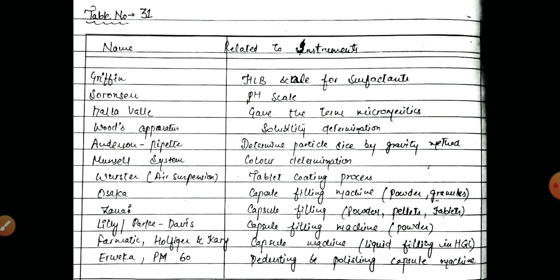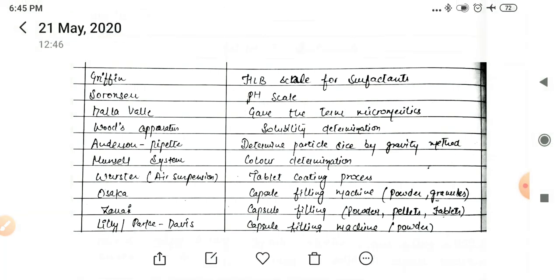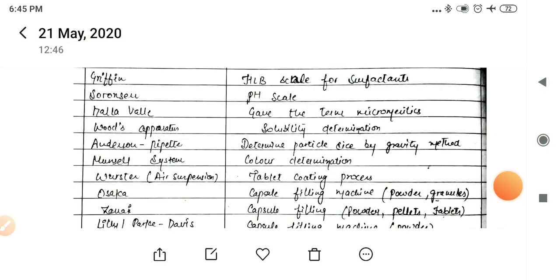These are names of scientists which are related to the instruments. The examiner will ask who determined the particle size by gravity method, then you can mention Anderson pipette. These are really very important, keep them in mind while preparing.